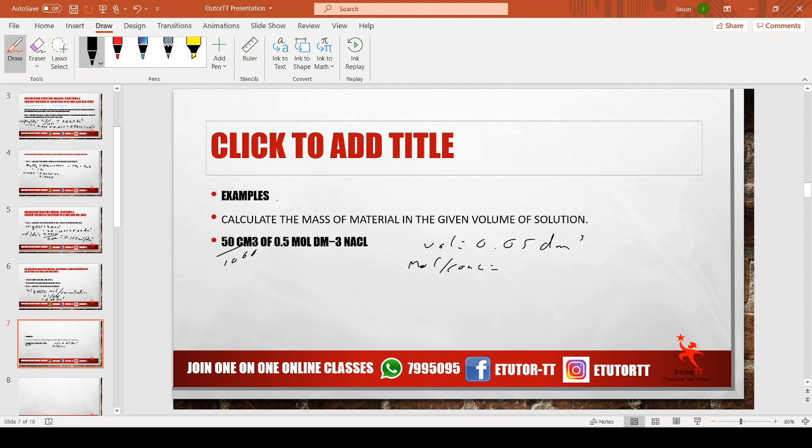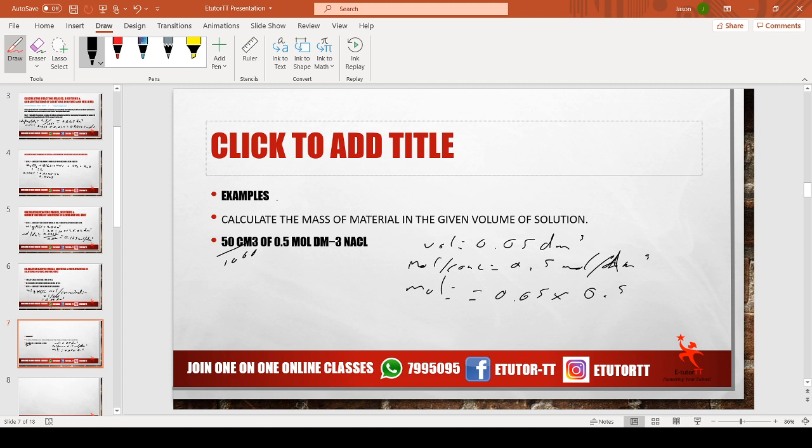We have the concentration equals 0.5 mole per dm cubed. So what we're going to do is work this out. So we're going to calculate moles, right? So moles equal volume, which is 0.05, multiplied by the concentration, which is 0.5.